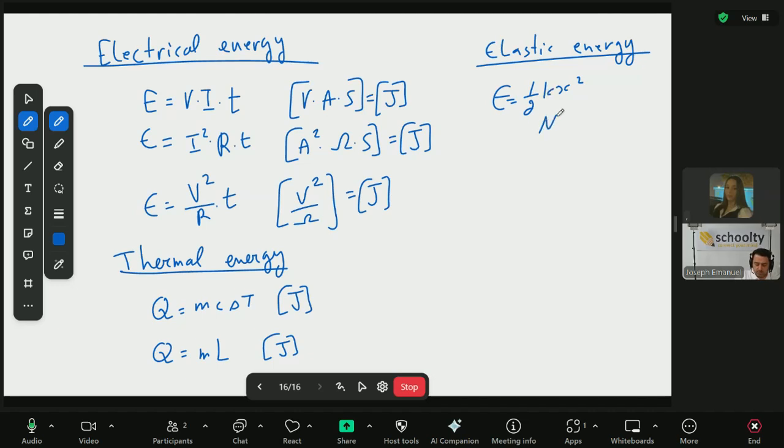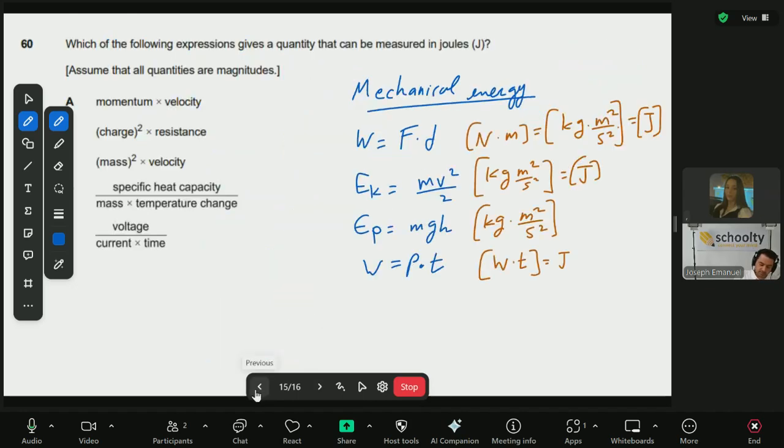If you calculate it, it will be Newton meter. So we had this before, nothing new, but it's good to remember that elastic energy, you have this also. That's it. So you have kinetic, electric, thermal, and elastic, which is kinetic also.